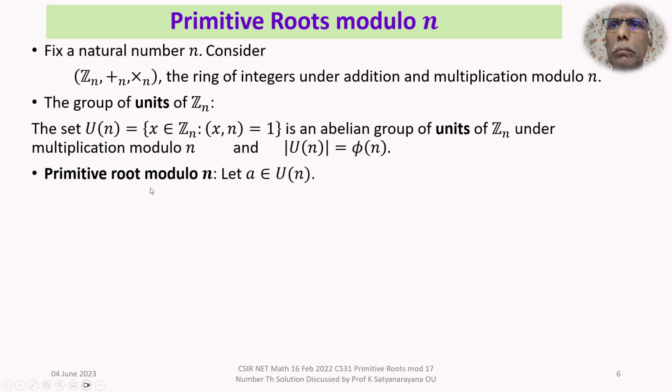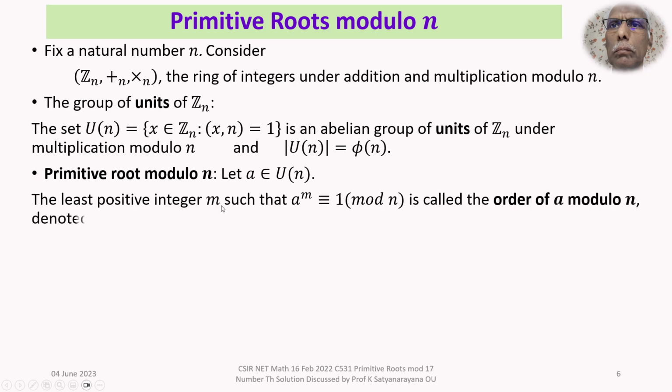What is a primitive root modulo n? Let a belong to Z_n. The least positive integer m such that a^m is congruent to 1 mod n is called the order of a modulo n, denoted order_n(a).